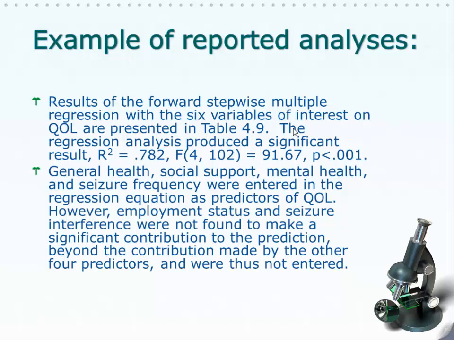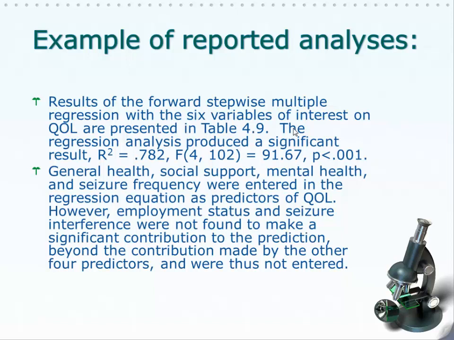This was actually a study I did, where I was predicting with some other researchers. We were predicting quality of life, and we were trying to see how much 6 other variables contributed to or predicted quality of life. This was an epilepsy sample, and we were looking at general health, social support, mental health.